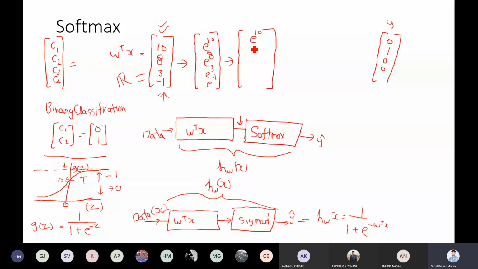So let me write the sum here, equal to e to the power 10 plus e to the power 8 plus e to the power 3 plus e to the power minus 1. You will get one sum, and then you divide e to the power 10 by the sum, e to the power 8 by the sum, e to the power 3 by the sum, and e to the power minus 1 by the sum. Once you get this, this will be your probability distribution.